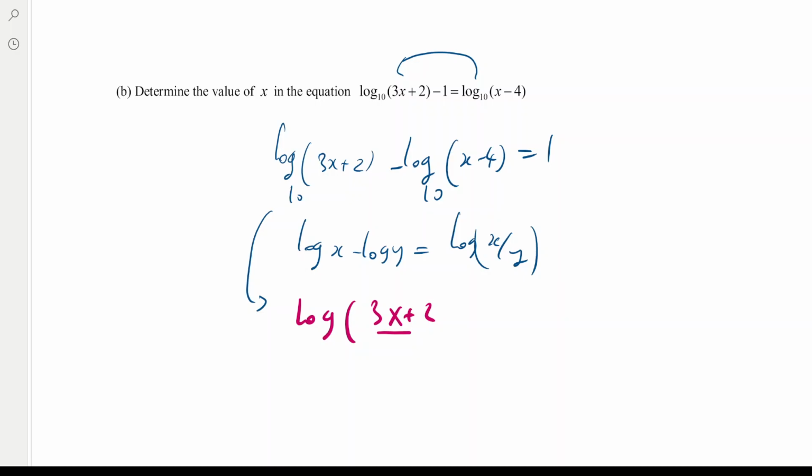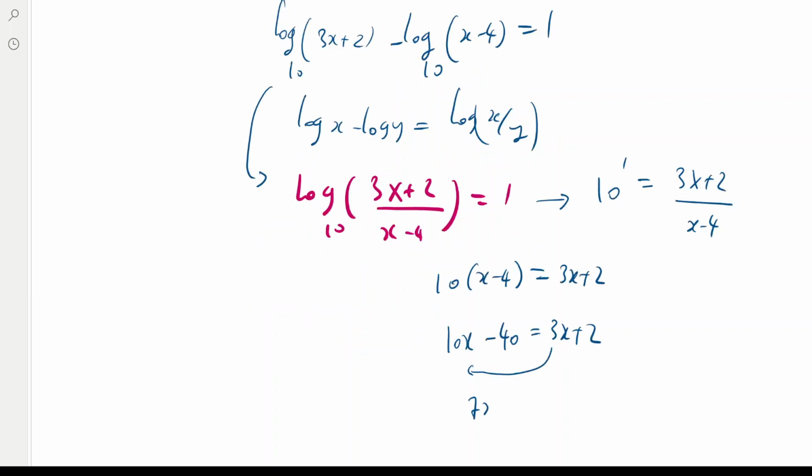When you simplify, you have 10x minus 40 equals 3x plus 2. Taking this to the other side, you have 7x equals 42. So the value of x will be 42 over 7, which is equal to 6. So from this expression, we get x equal to 6, dear students.